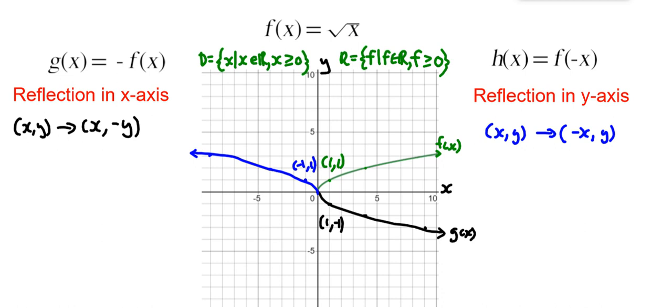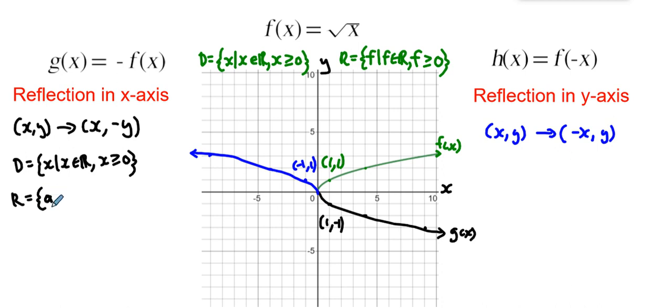Now let's look at how this has changed with our transformed functions. When we reflect on the x-axis, this now has a domain of x such that x is an element of the real numbers, and the condition is still that x has to be greater than or equal to 0. We still can't have a negative and be part of the real numbers. The range, however, has changed.